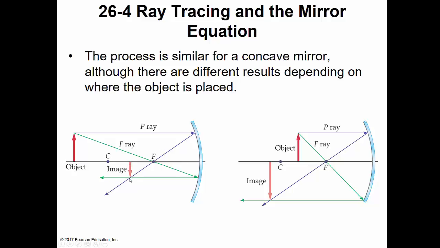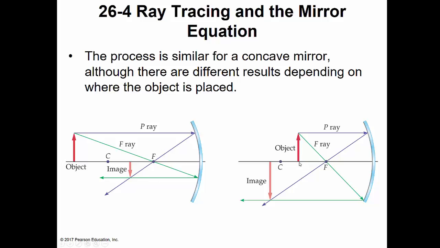They also are real rays of light. So this is a real image. The image distance is on the same side, in front of the mirror, as the object is. It's a positive image distance versus a negative image distance for a virtual image. Also, real images are always going to be upside down, or inverted.